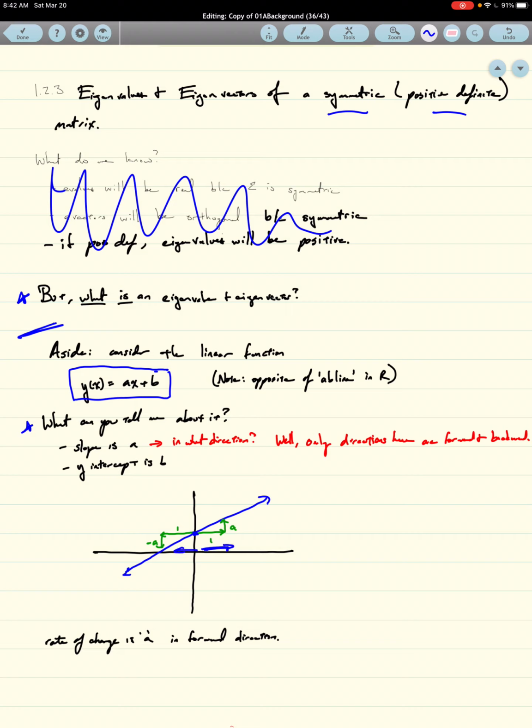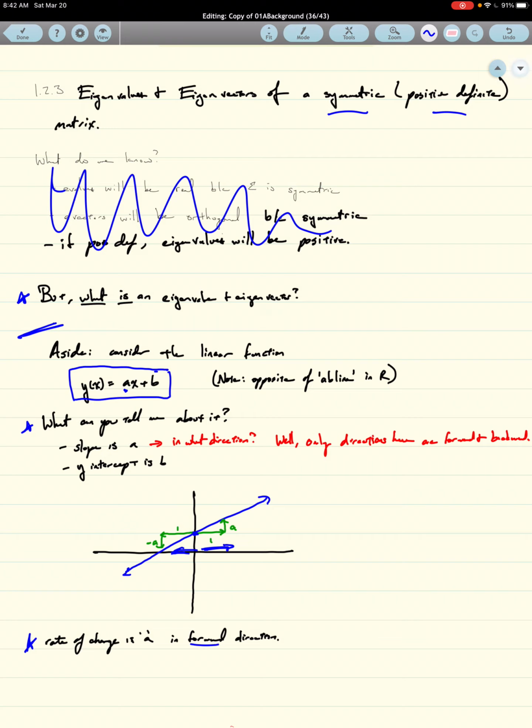And if you move forward, you increase a units for every 1 unit of increase, and if you move backward, you decrease a units for every unit backward. I'm sort of describing this for a positive a, but of course you can picture it if a is negative. So the rate of change is a, and in the forward direction.